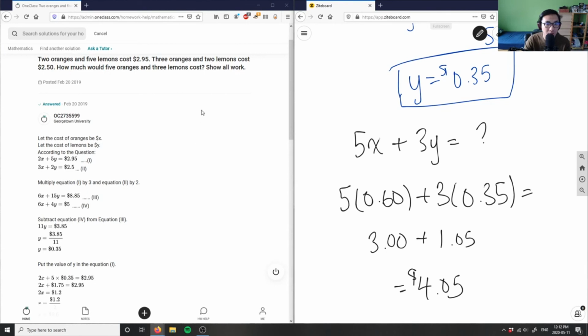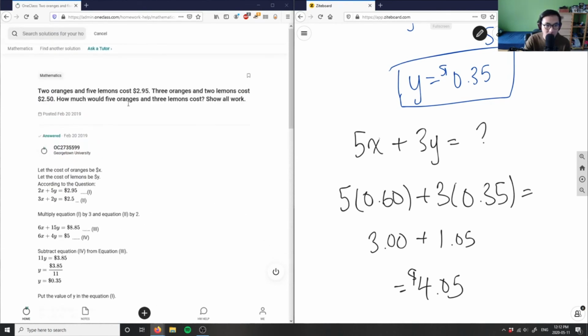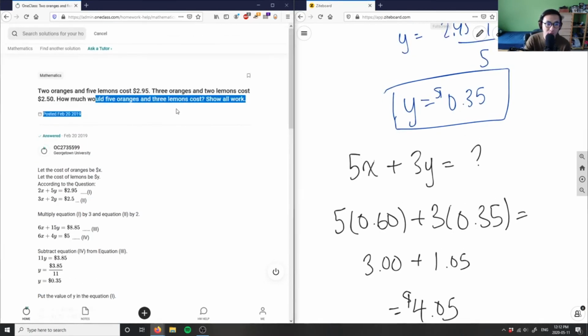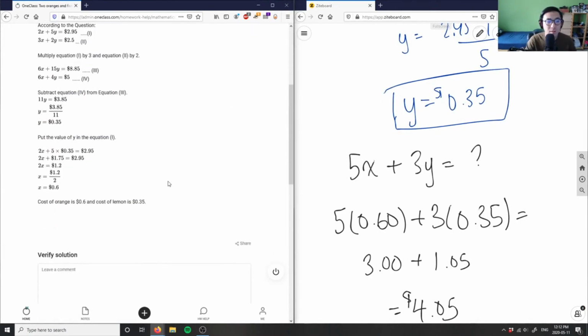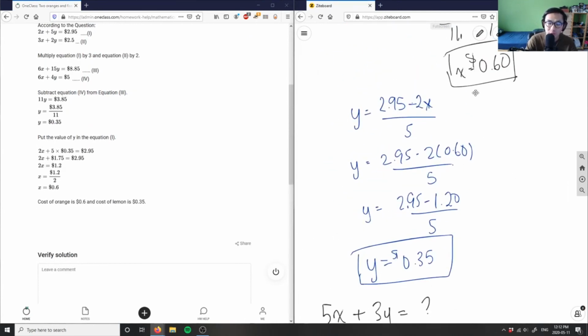I don't think they actually wrote the solution to the problem. The solution here is incomplete because they only gave me the cost of the orange and the lemon, and they didn't give me how much 5 oranges and 3 lemons would cost. But they showed the exact same work for this 0.60, which is x, and y is 0.35.